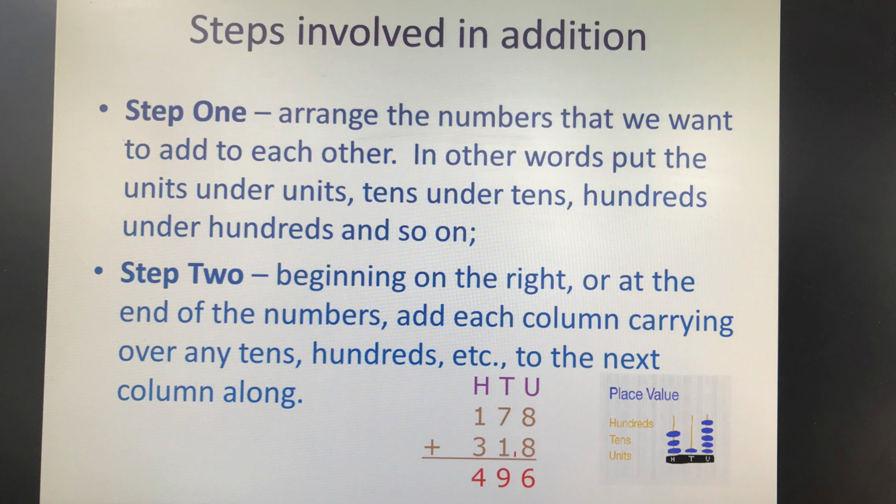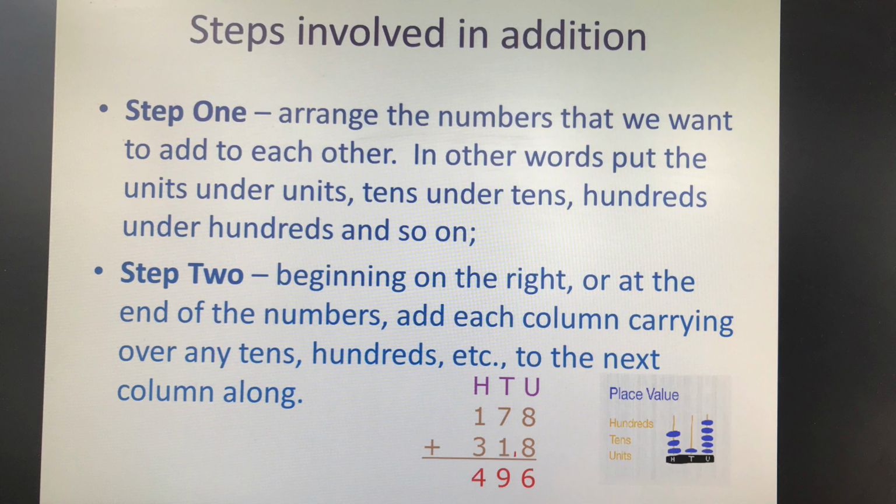And just looking at the sum that I'm showing you there, where we're adding 178 to 318, if you can see, the units, the eights, are in the units column. The 7 and the 1, which are the tens, are in the tens column, and the 1 and the 3 are in the hundreds column.